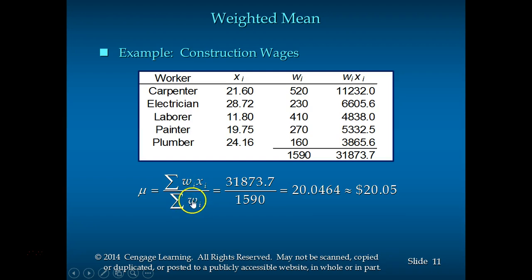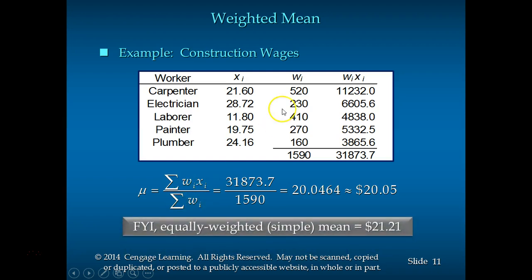In a sense, the weight is the total hours. This w is the amount of hours worked, and this is the sum of the w's. This 31,000 is the total expenditure on wages, divided by the number of hours, which gives the average wage per hour, which is about $20.